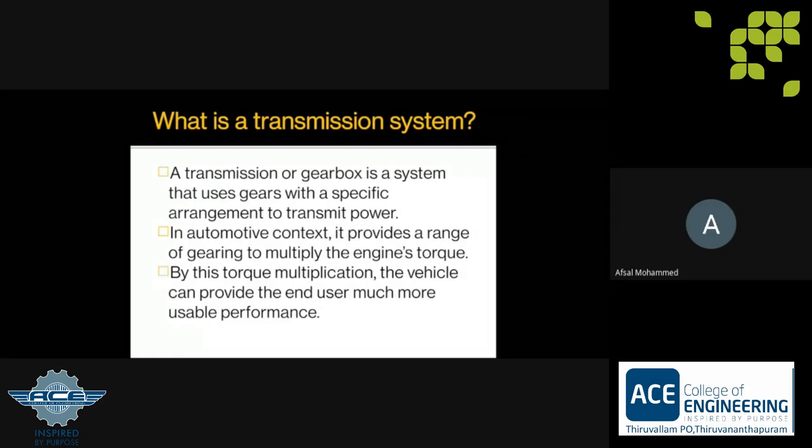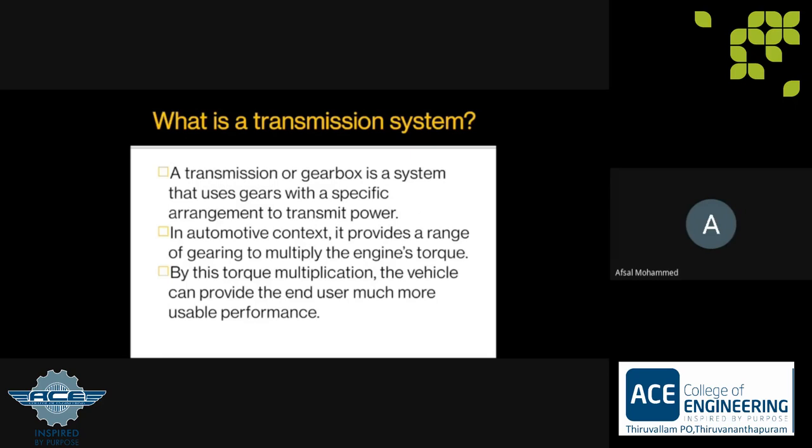However, it will be harder to accelerate. We will need more force. And that is exactly what is happening with an automotive transmission system also. In order to get moving or just start rolling, we will use a lower gear. And as we need a higher speed or to reduce the load on the engine and pick up higher mileage, we will shift into a higher gear, making it easier for the vehicle but harder for the engine.